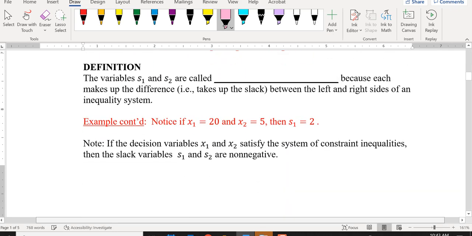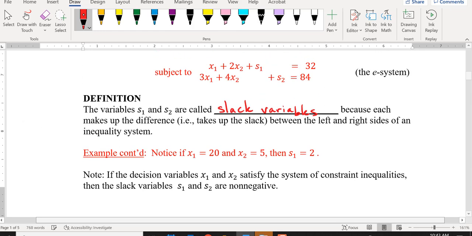Definition. The variables S1 and S2, what are they called? They're called slack variables, because each makes up the difference or takes up the slack between the left and the right sides of the inequality system.